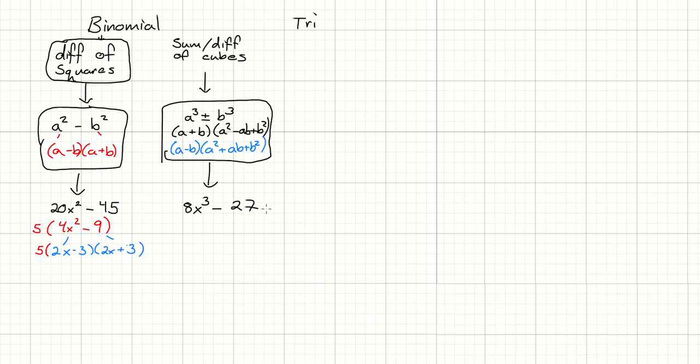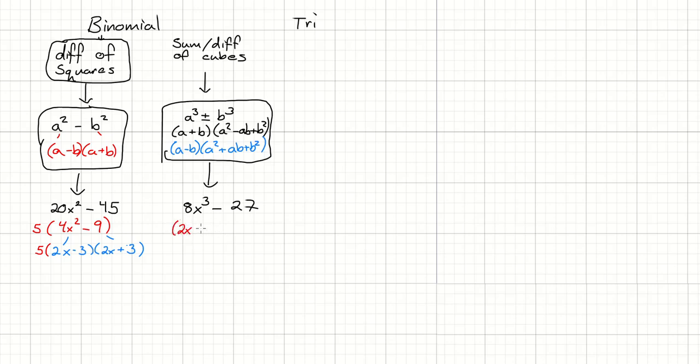I don't think so, because 8 is just 2 times 2 times 2, and those are all prime, and 2 doesn't go into 27. All right, do you know the cube root of 8? 2. Do you know the cube root of x cubed? Okay, so I know that that is just 2x, going to be my first.